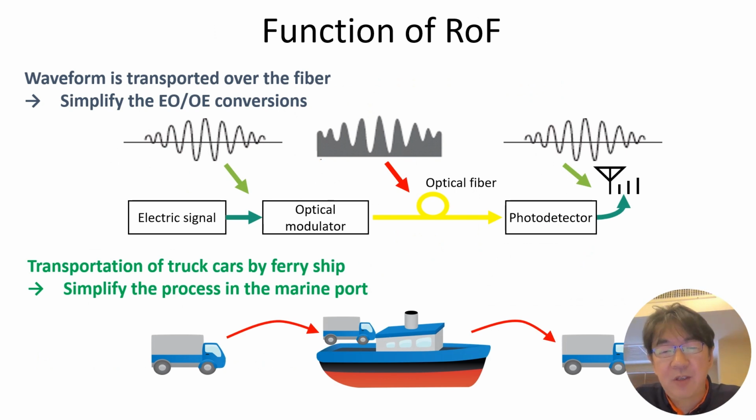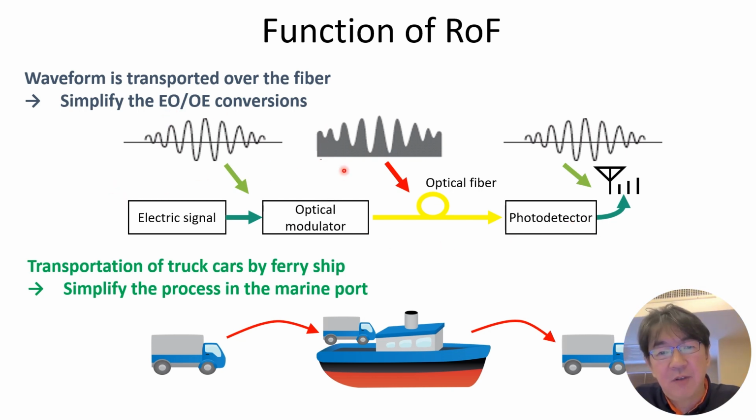This slide shows the basic function of radio over fiber, in short ROF. As I mentioned in the previous slide, the waveform can be transported over the fiber by using the EO and OE conversions.